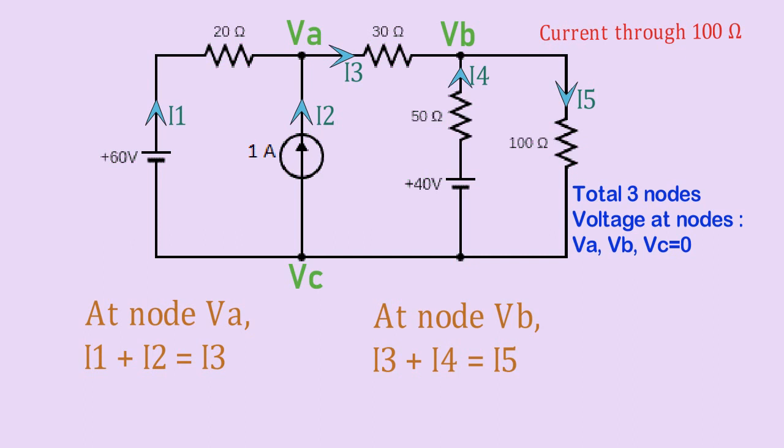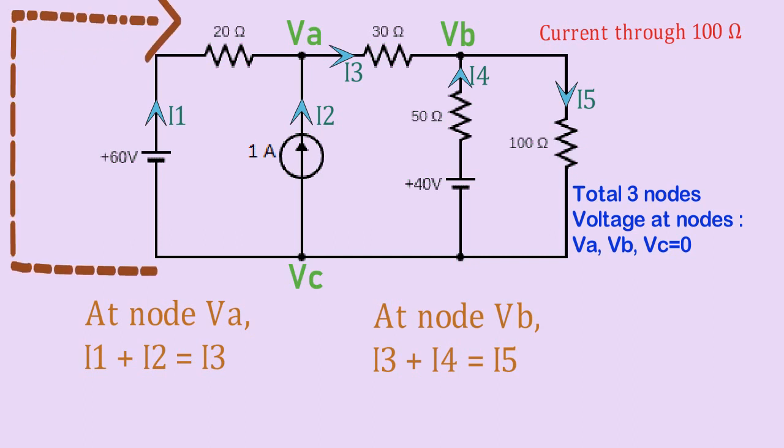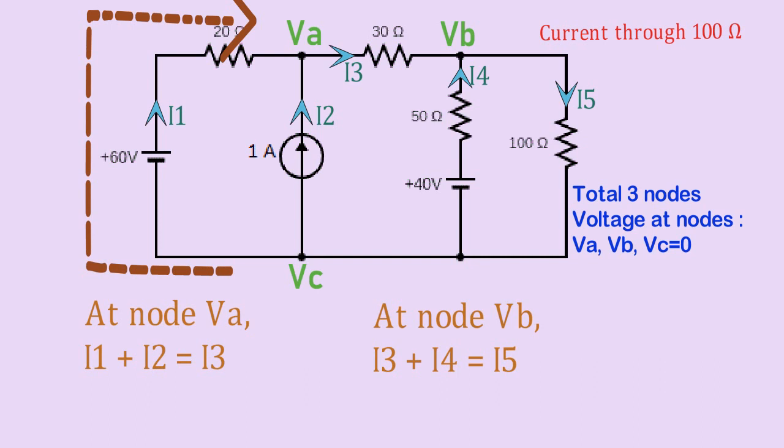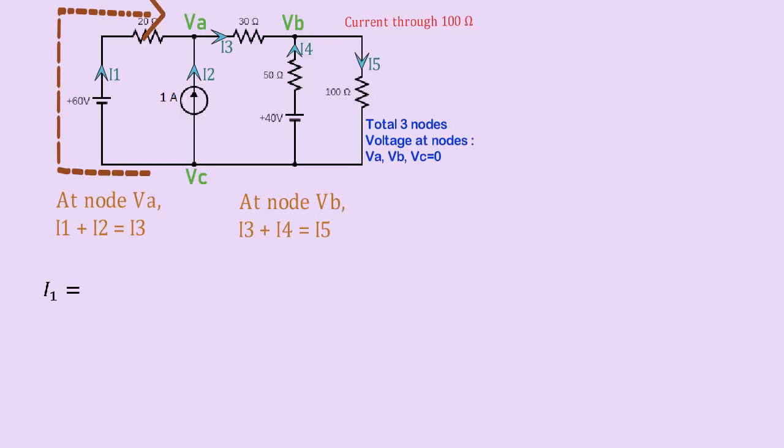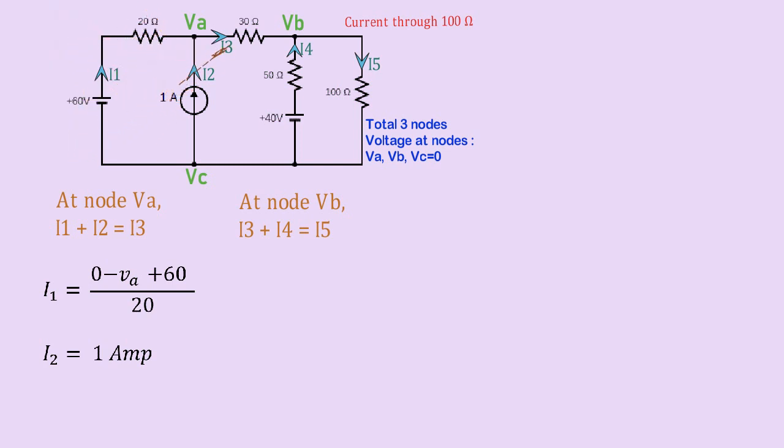Friends, I1 current is flowing from node C to node A, and a voltage source and resistor are connected between the 2 nodes. Hence, the current equation can be written as mentioned. In the circuit, I2 equal to 1 ampere is given. Current I3 is passing from node A to B, so the current equation will be the ratio of VA minus VB to 30.